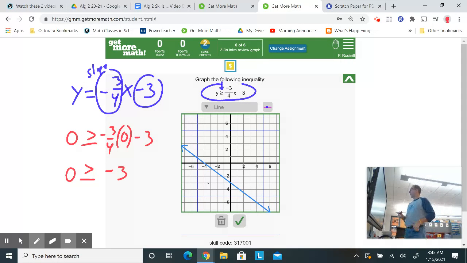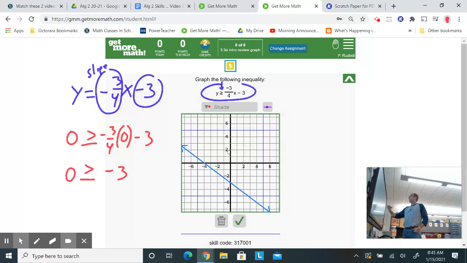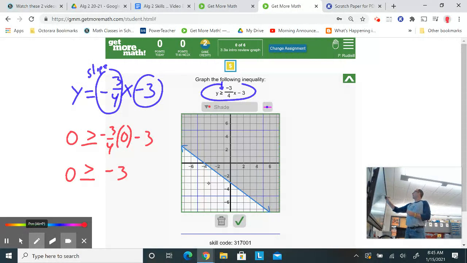And in order to shade that way, I've got to go back to my tool here. I want to change the menu so I can pick shade. And I know 0, 0 works, so I tap there. And those are the ordered pairs that make that inequality true. Remember the original inequality, this one right here.